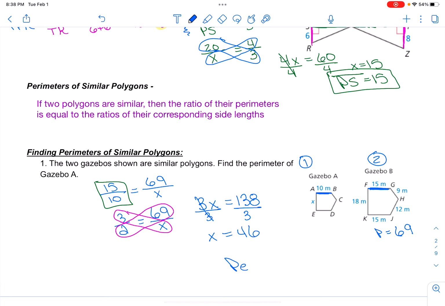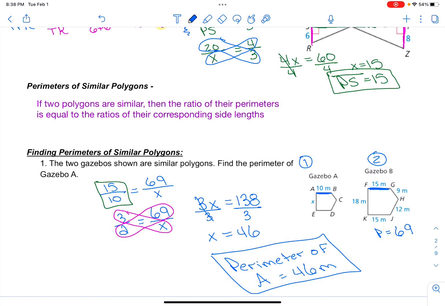So perimeter of A is 46 meters. So instead of having to go through and find every single side for gazebo A, we're able to use this formula of the side lengths ratio, so the same proportionality we've been working through this whole time, is equal to the perimeter of your second shape over the perimeter of your first shape.